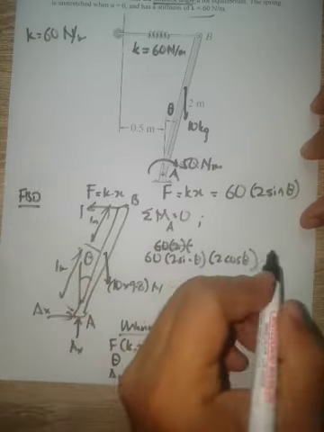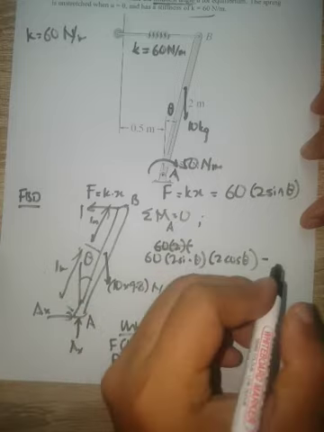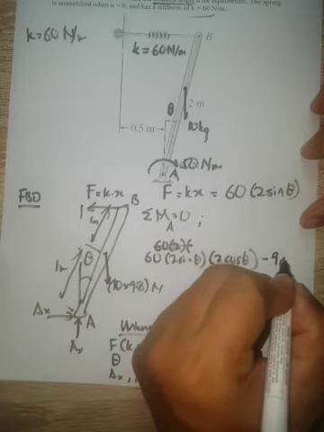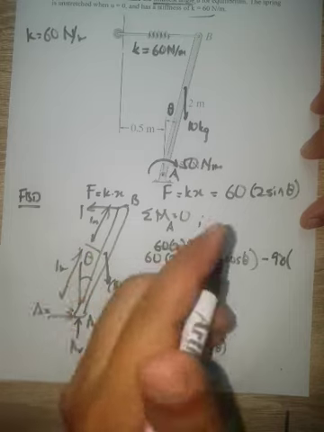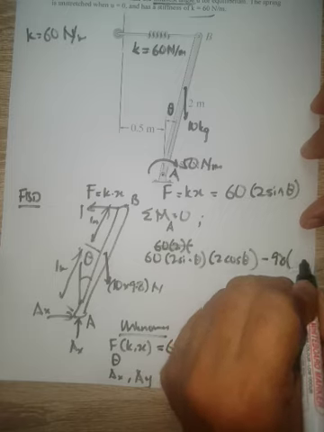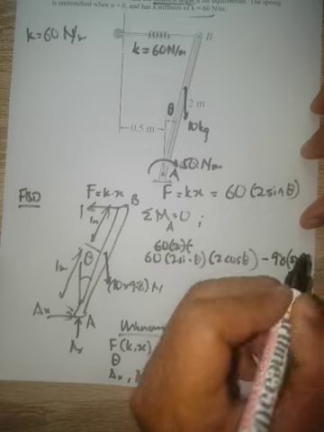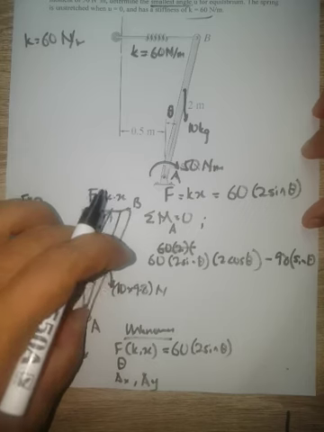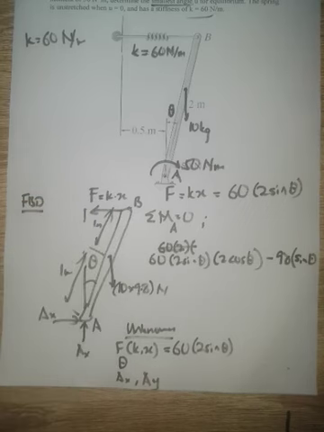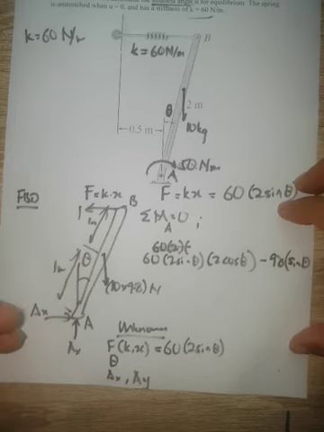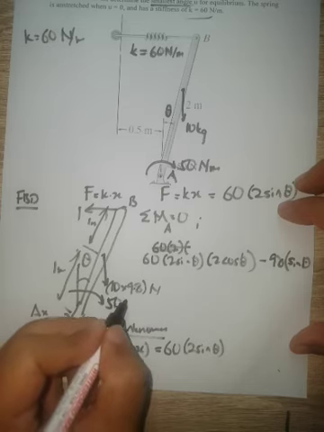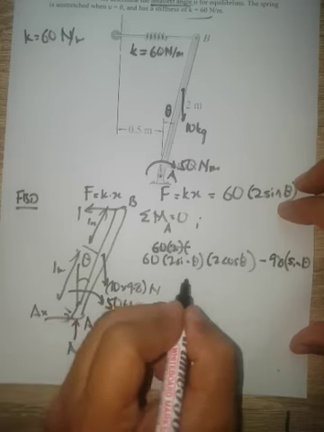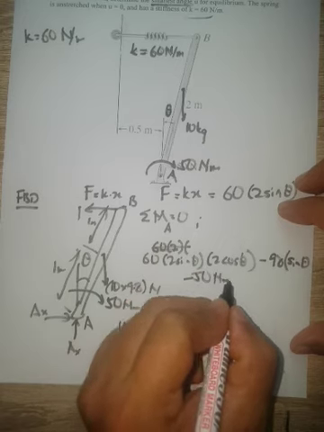And then we have the weight, 10 times 9.8 is 98, with the perpendicular distance 1 sine theta, because the length here is 1. And then, sorry, I forgot the couple moment of 50 Newton meter, which is clockwise, so minus 50 Newton meter, equal to 0.